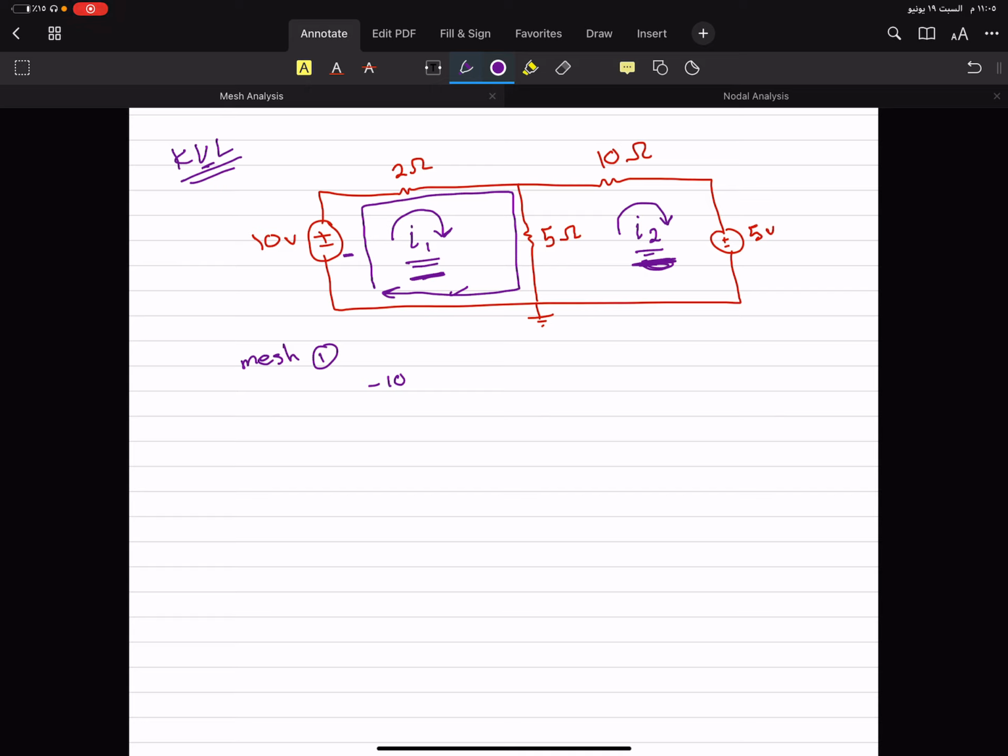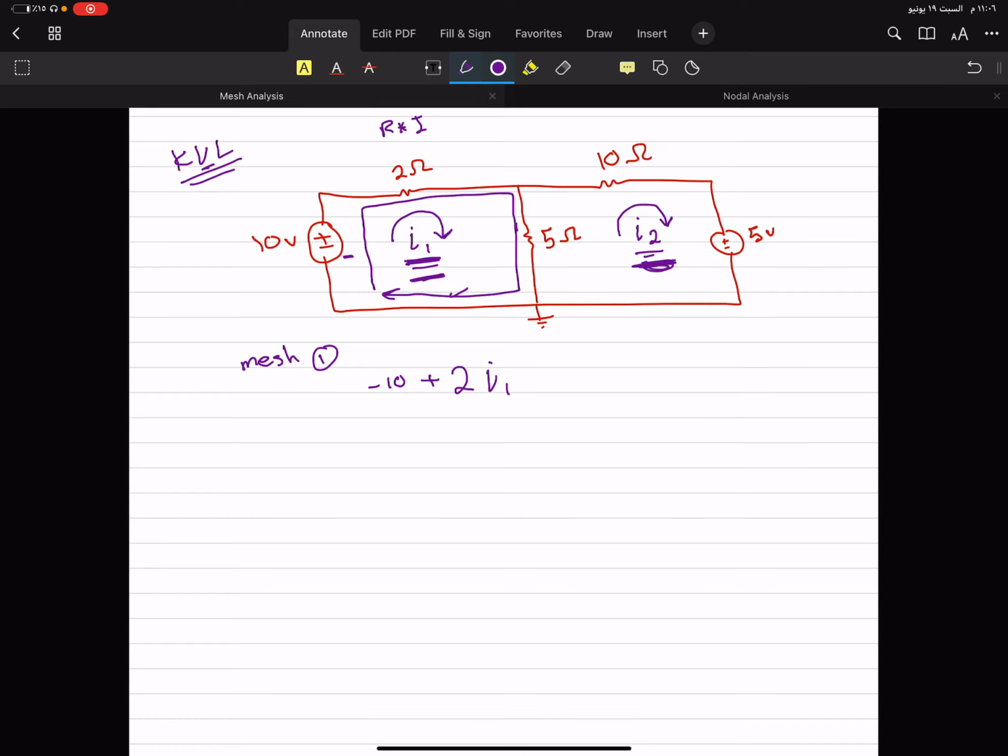The voltage here, using Ohm's law, is the resistance multiplied by the current. The resistance, let's put plus, is 2. And how much is the current? It's I1, unknown. Now let's come here. The resistance here is 5, multiplied by the current, which is still I1.